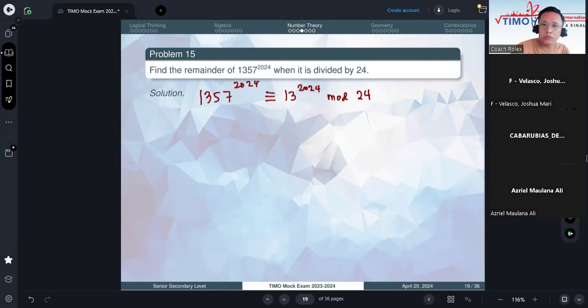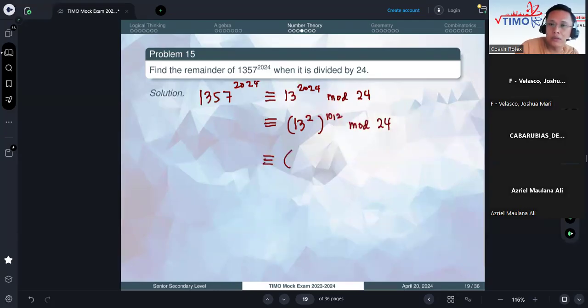Now, take note by the property of exponent that this can be simplified into 13 squared to the 1012, modulo 24. So you will have 169 to the 1012 mod 24. And take note that 168 is divisible by 24.